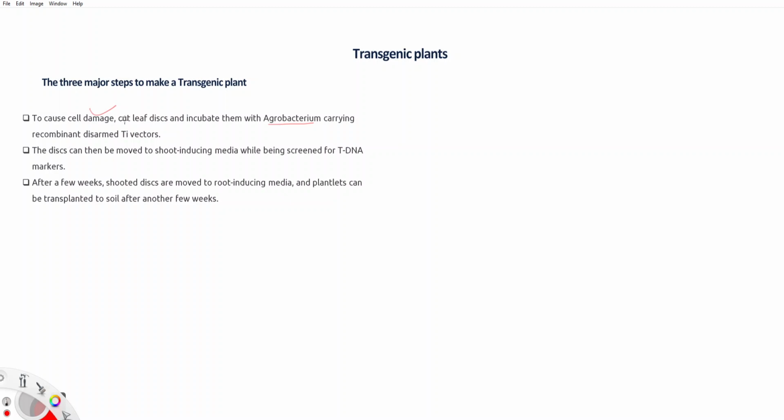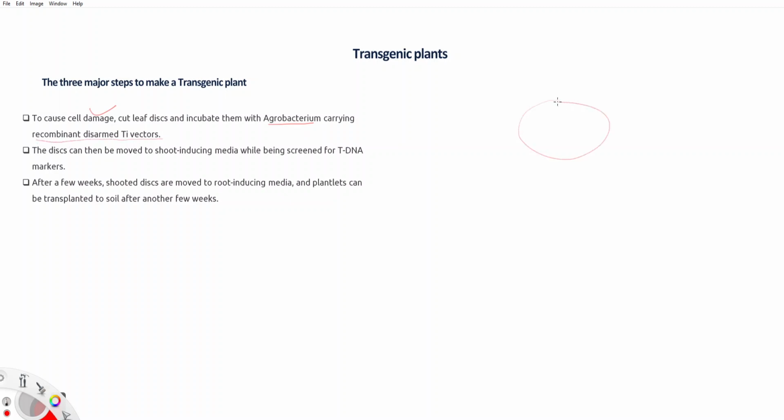As soon as the cells are damaged, they release some hormones that are going to attract the bacteria to infect them. And you incubate those damaged plant cells or leaf with Agrobacterium that carries your disarmed Ti vector.